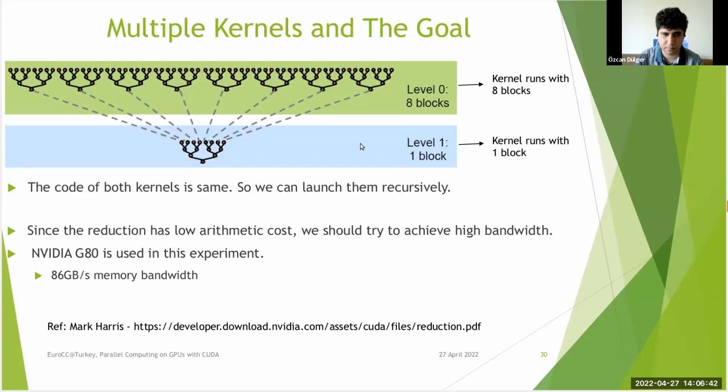And what is our goal in an efficient reduction algorithm? Our goal is to try to achieve high bandwidth because the reduction has low arithmetic cost. So our main target is to achieve high bandwidth. In this example, an NVIDIA G80 board is used, and it has 86 gigabytes per second memory bandwidth.